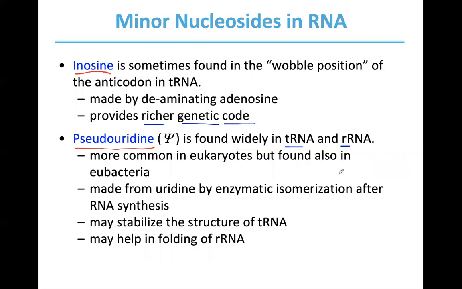And I guess that arises from natural selection, right? So nature has taken care of the lack of stability of these sites in tRNA and rRNA by isomerizing the pyrimidine and making pseudouridine from uridine. And remember, the prefix pseudo usually means almost, so basically almost like uridine.